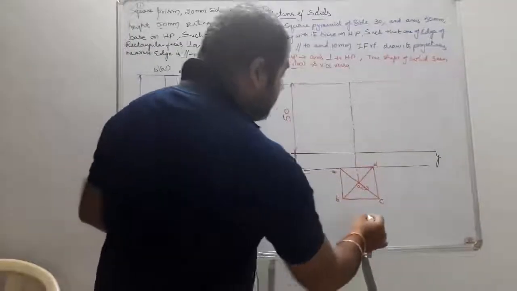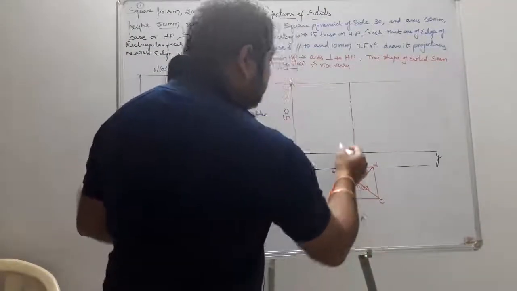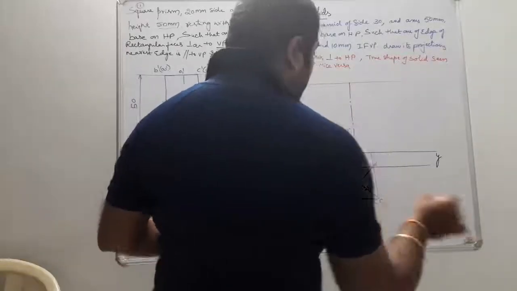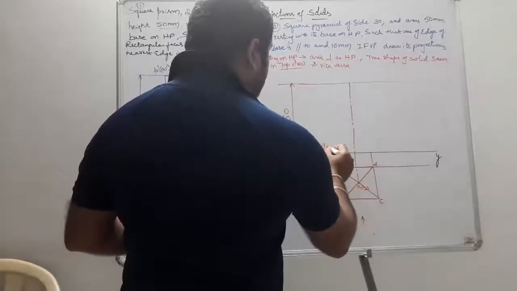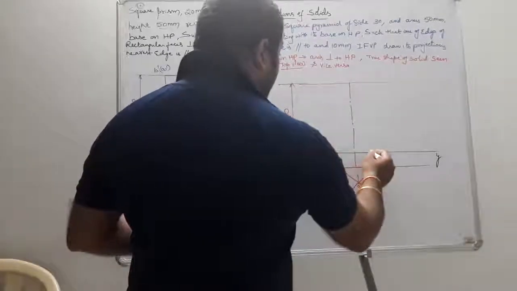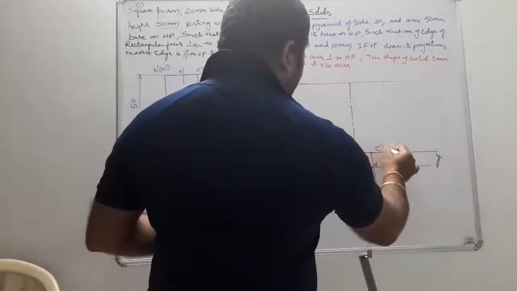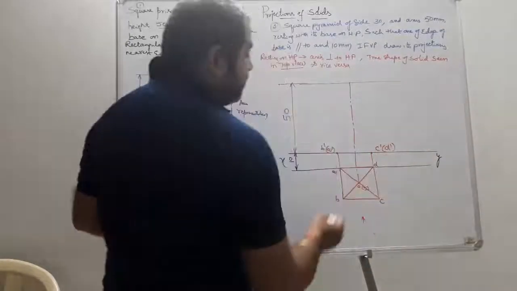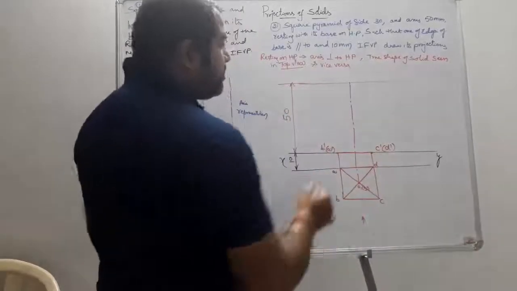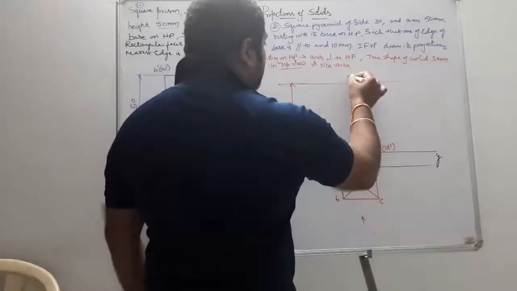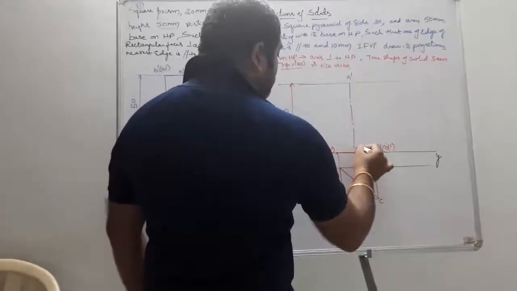Okay, and when you are going to see from the front, only the base points are going to be seen here. These points become B dash of A dash and C dash of D dash. Now join these two points and you obtain the straight edge, and this becomes your O1 dash and this is O2 dash.